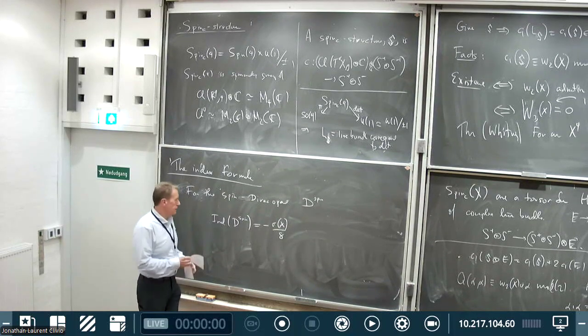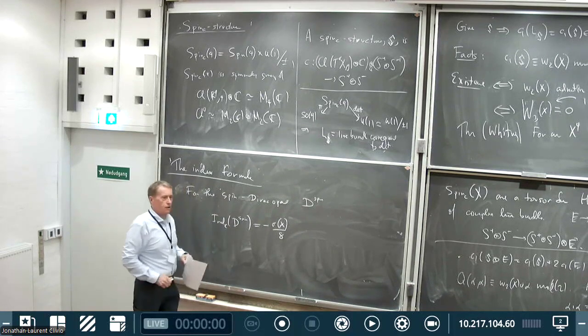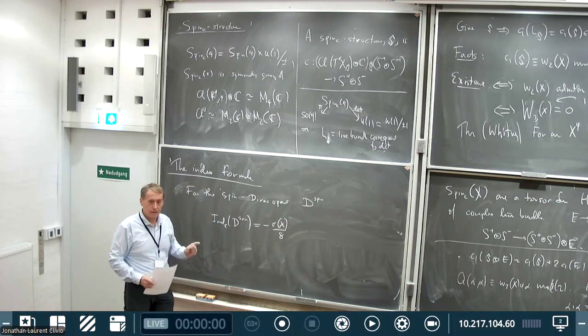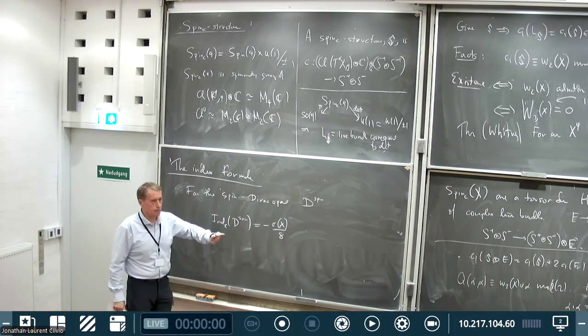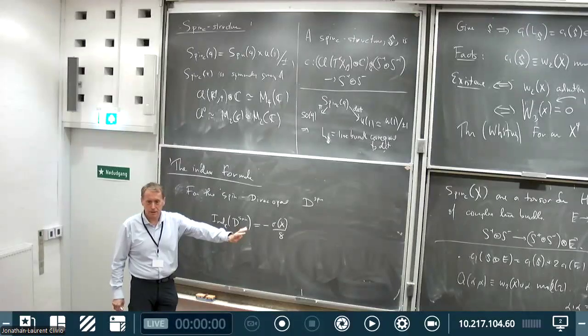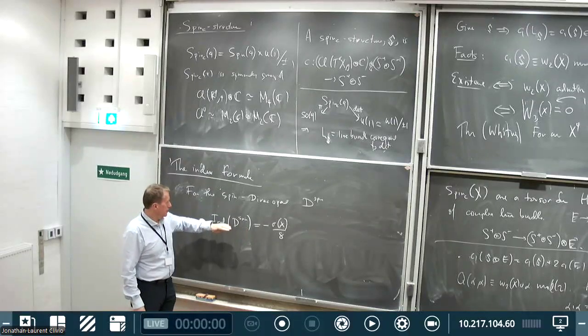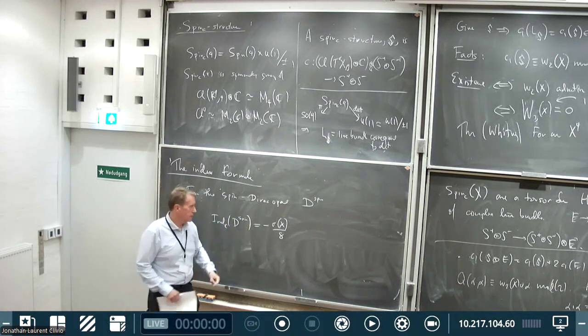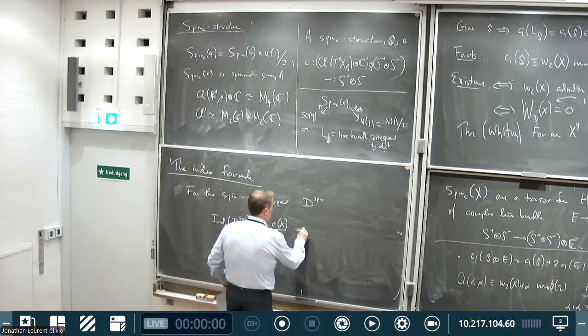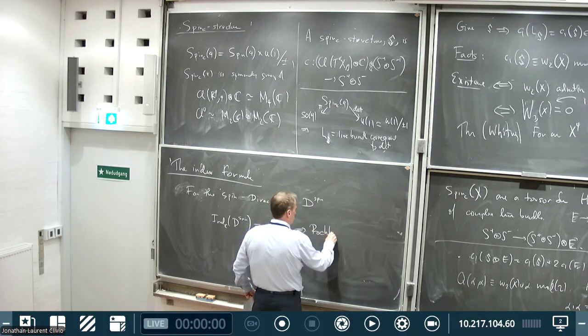But this is the index over C, and the spin Dirac operator actually commutes with a quaternionic action. So that means that the complex index is even. Right, so this implies the theorem.